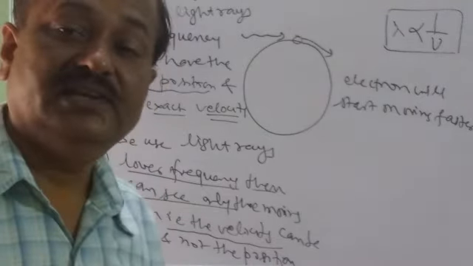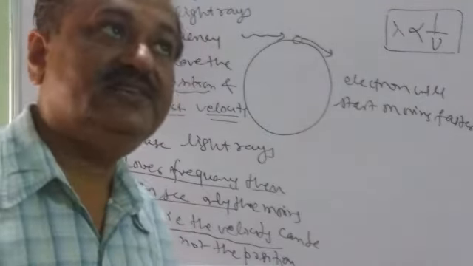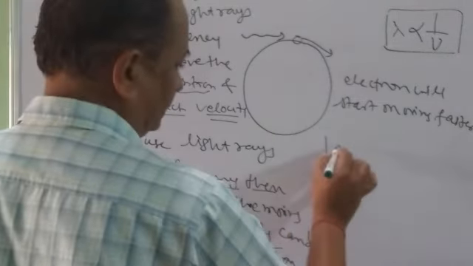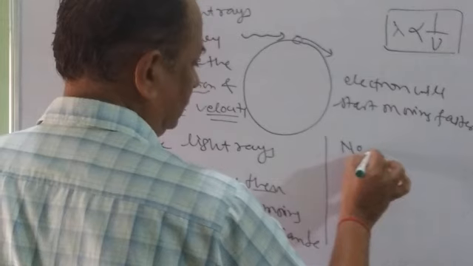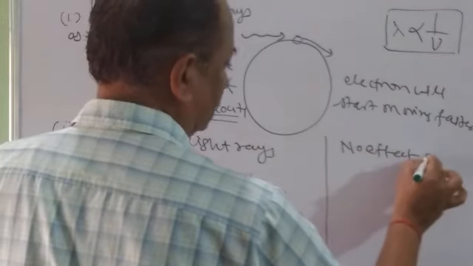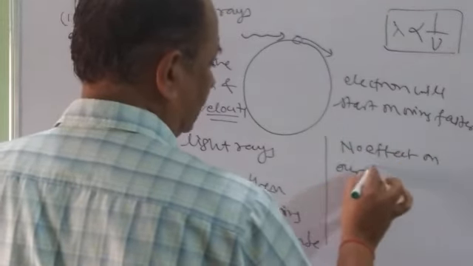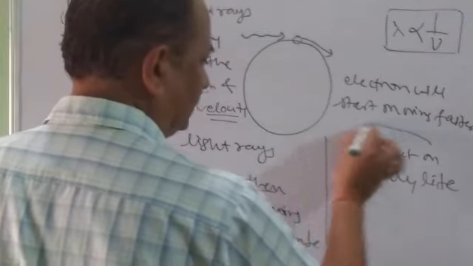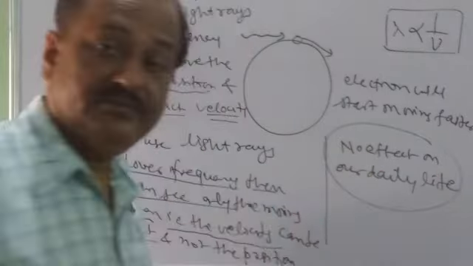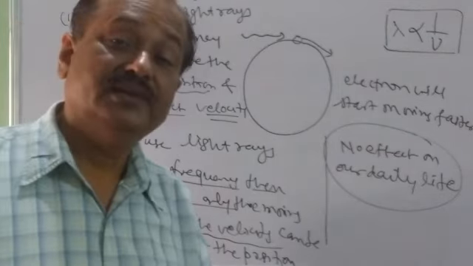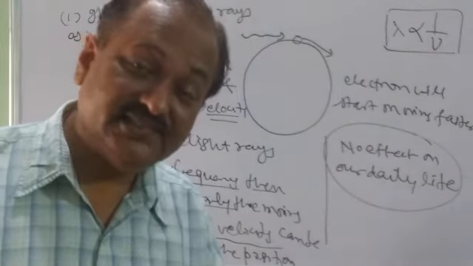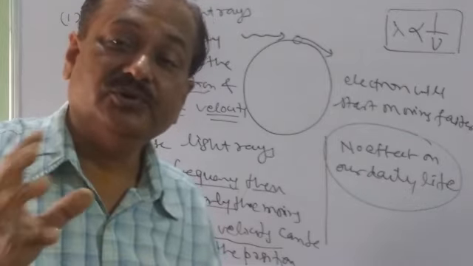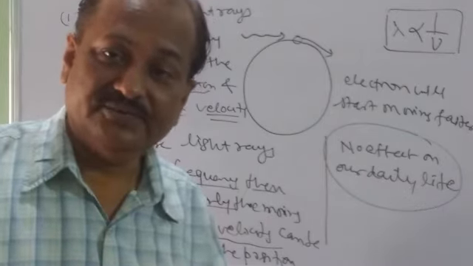Now next we'll see the implication in our daily life. So children, there is no effect on our daily life. Why? Because we do not deal with electrons in daily life. No doubt, electrons, protons, neutrons are an integral part of our life, in every field.